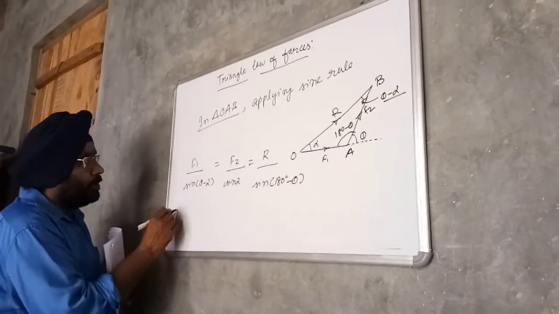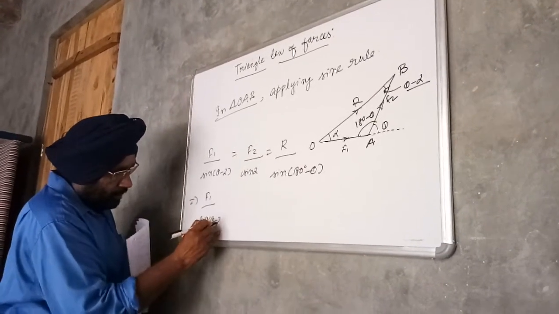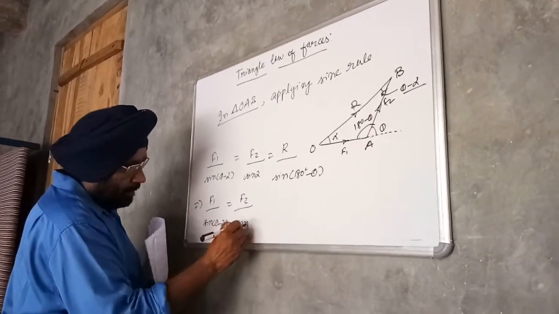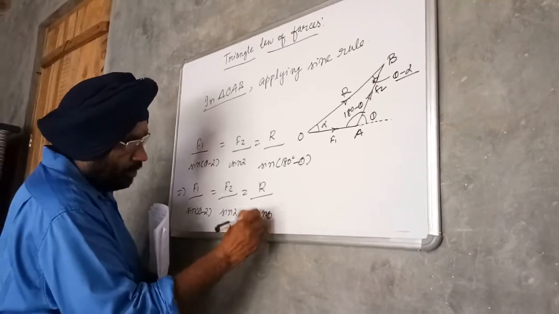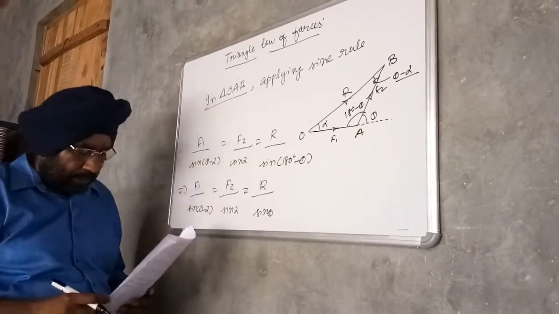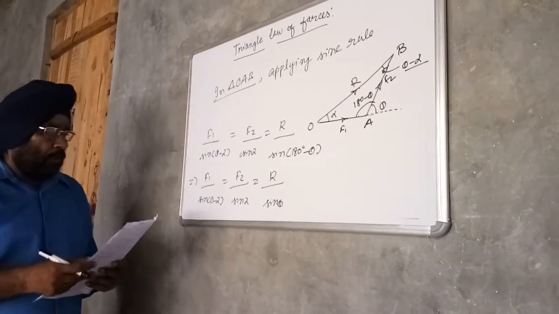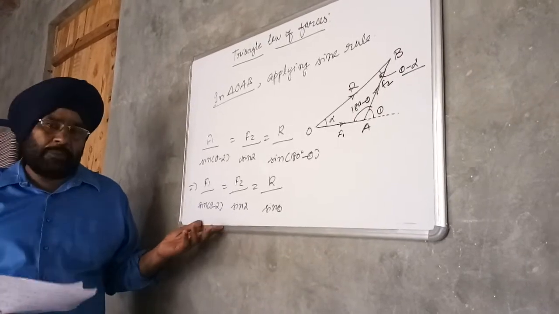This is equal to F1 upon sine (theta minus alpha), F2 upon sine alpha and R upon sine theta, because sine of (180 degrees minus theta) is equal to sine theta. From this equation the resultant force R can be determined.